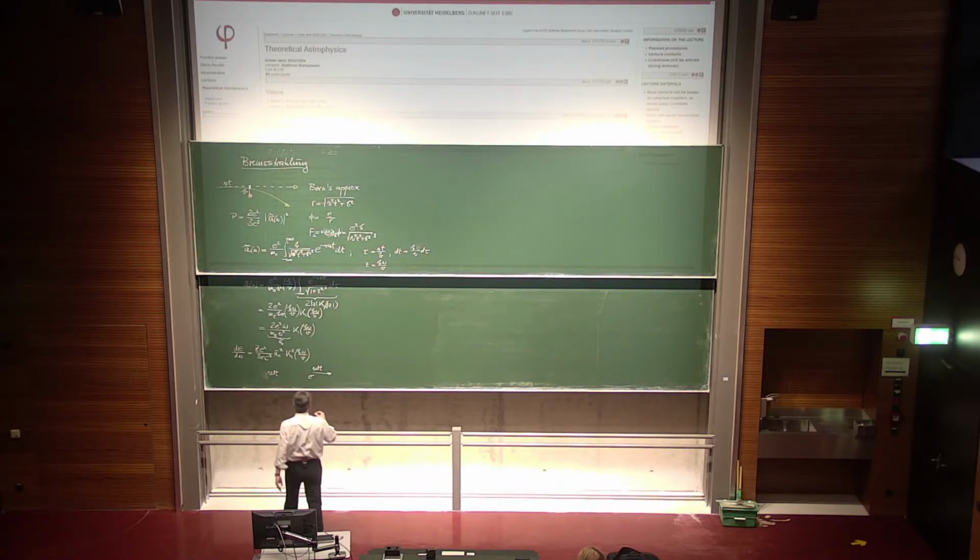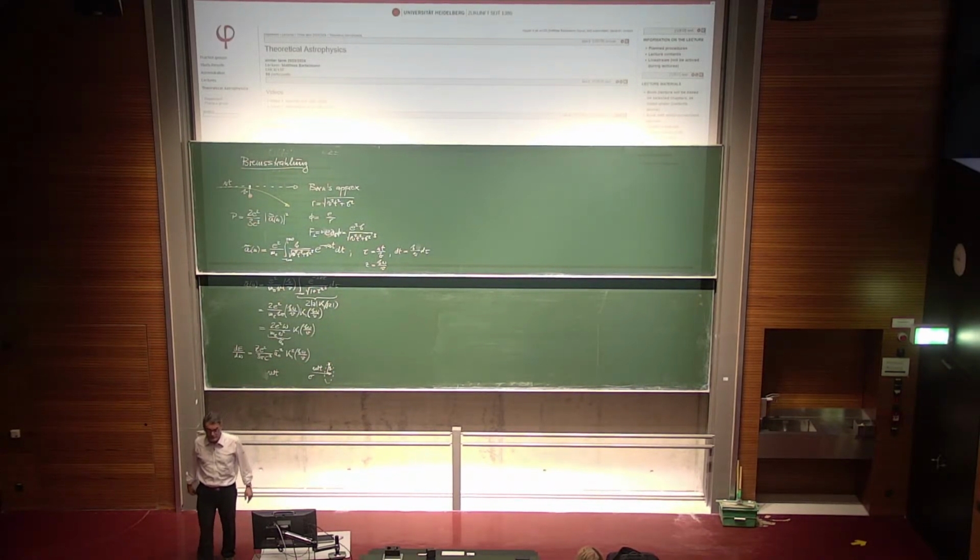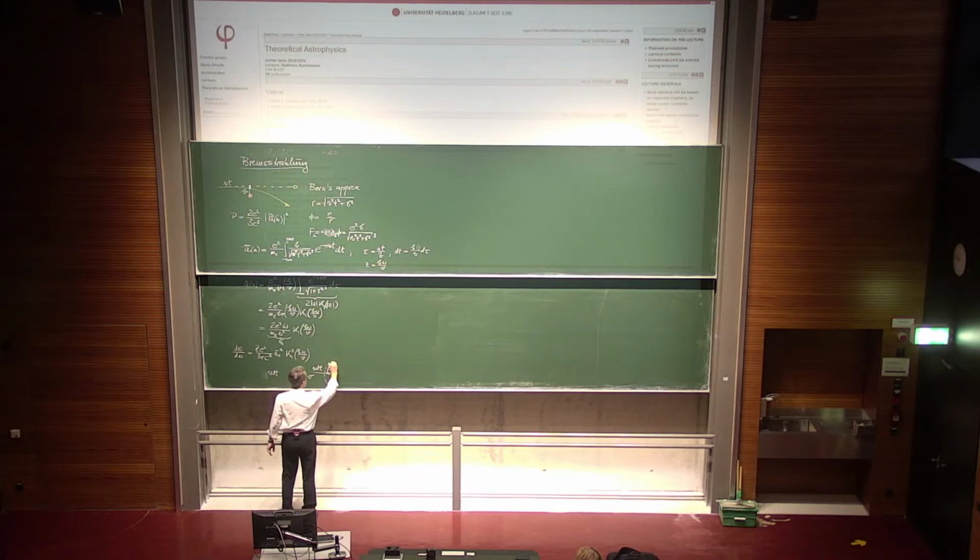Now, I need to know how many ions will be contained in a narrow ring with radius b and width dB. So this is dB, okay?